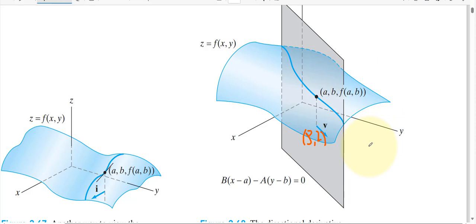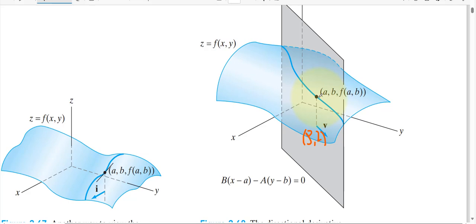Now, I was a little confused when I was thinking about directions when I first learned this, but the direction is given in the xy plane because once we're at this point, it means we're up here, right? We can say when x and y, the inputs, are here, then this is where we are.